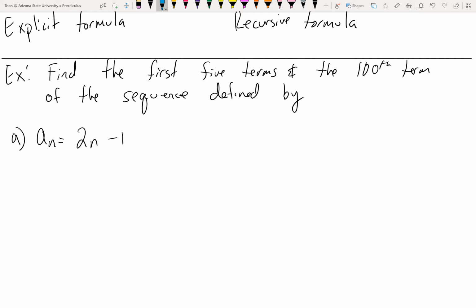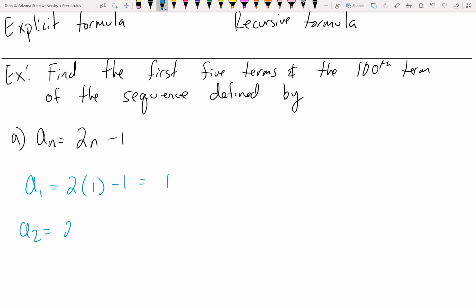Well, let's answer the question. It wants to know the first 5 terms. So I need to know the first term, the second term, the third term, the fourth term, and the fifth term. And remember that the index, the little n, tells you what term you want. So if I want to find the first term, a sub 1, you just plug a 1 in for the n. That's it. a sub 1 is 1. Right.